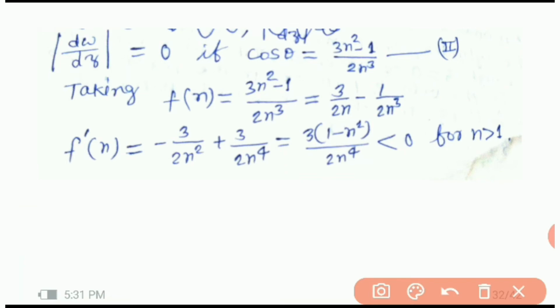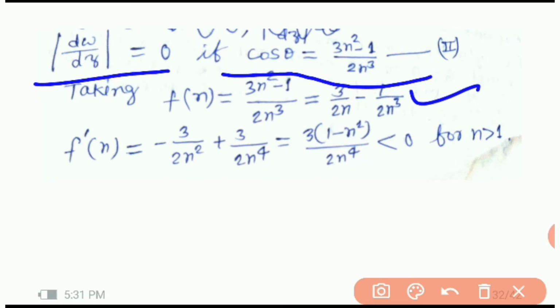We get mod of dw by dz is 0 if cos θ is equal to (3n² − 1) upon 2n³. Now taking f(n) equal to (3n² − 1) upon 2n³, separate this, so we have 3 upon 2n − 1 upon 2n³. Differentiate this, so what do we get?